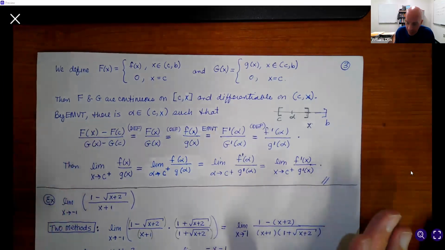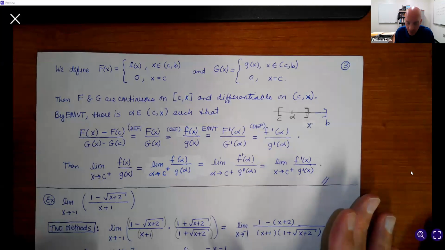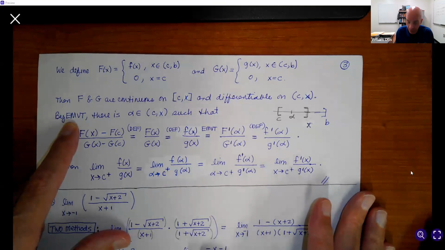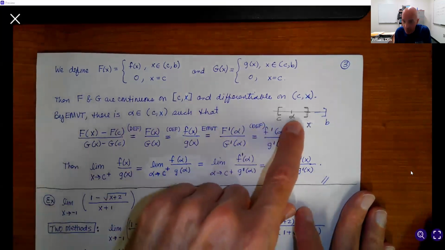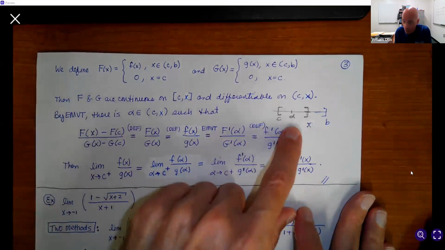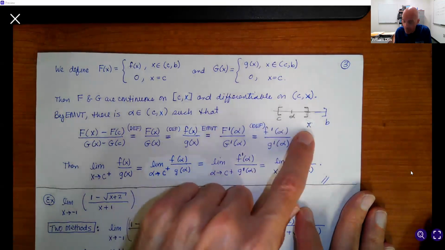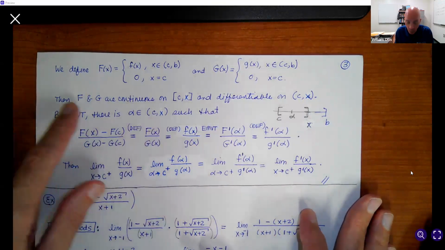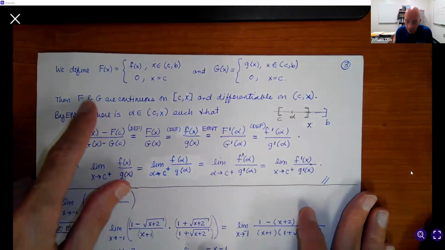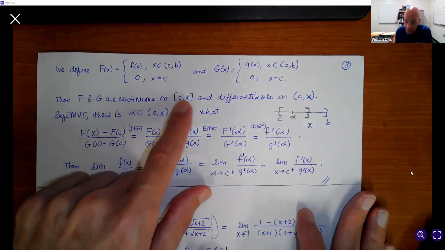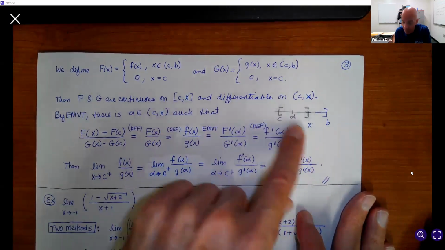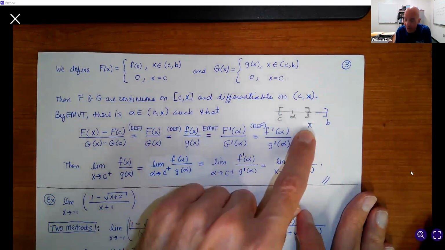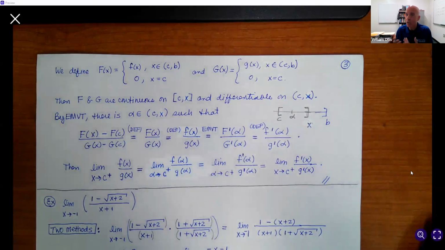Now, one thing that's interesting about all of this is that we can directly apply the extended mean value theorem here. Notice, as I've written here, kind of pedestrian-like, we just have the alpha between C and X. So again, as I've noted here, F and G are continuous on the interval C to X, where X is less than B, and differentiable on the interval C to X. So this is just simply providing a way to construct the limit.